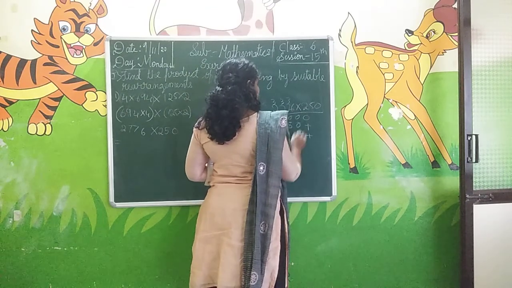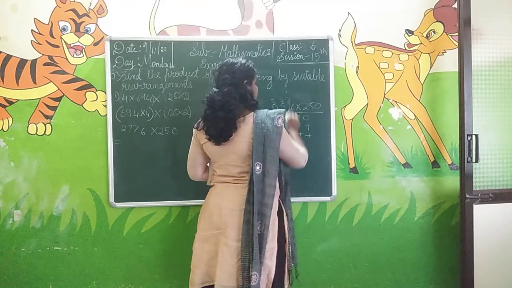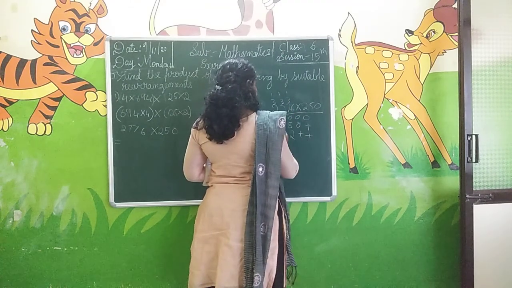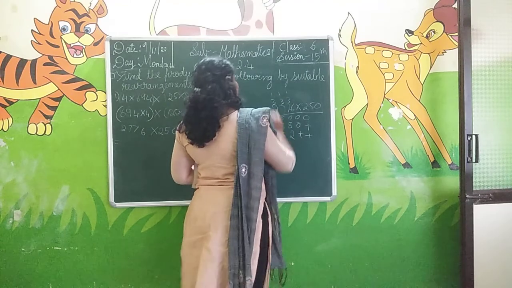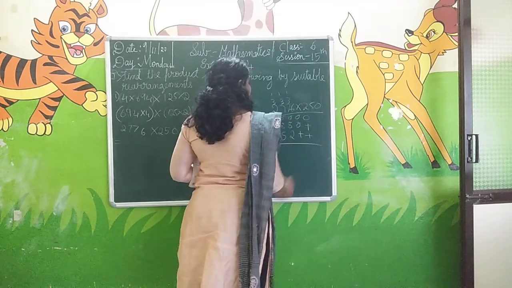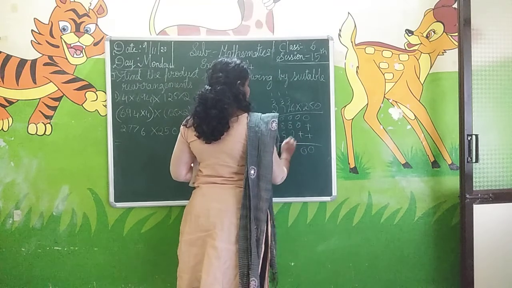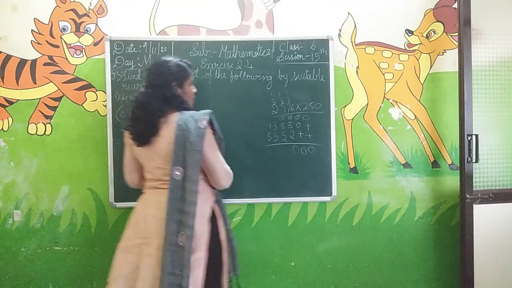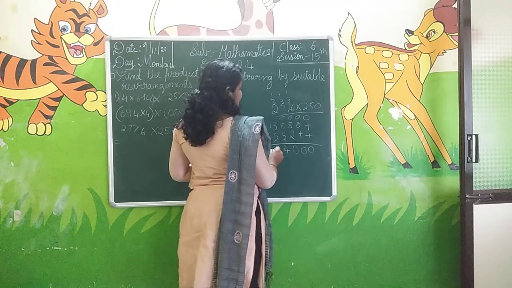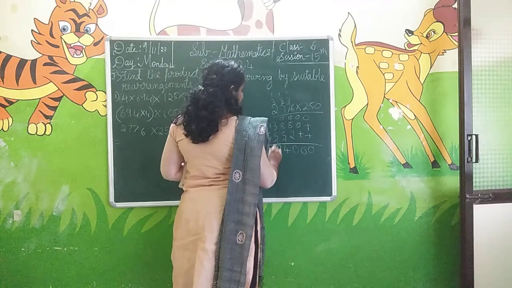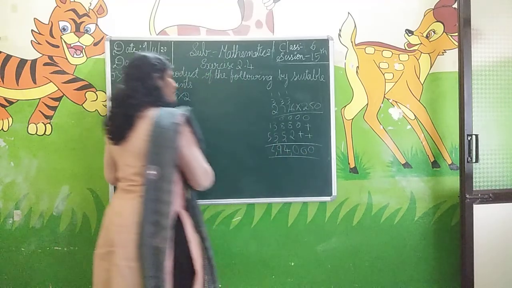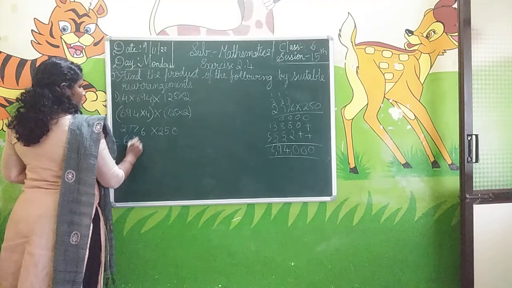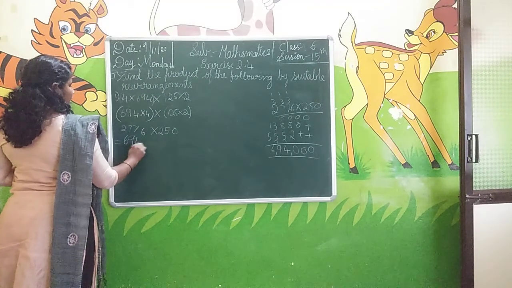Then 2 6s are 12, 1 carry. 2 7s are 14, 14 plus 1 is 15, 1 carry. 2 7s are 14, 14 plus 1 is 15. 2 2s are 4, 4 plus 1 is 5. Adding these up, we got the answer as 6,94,000.